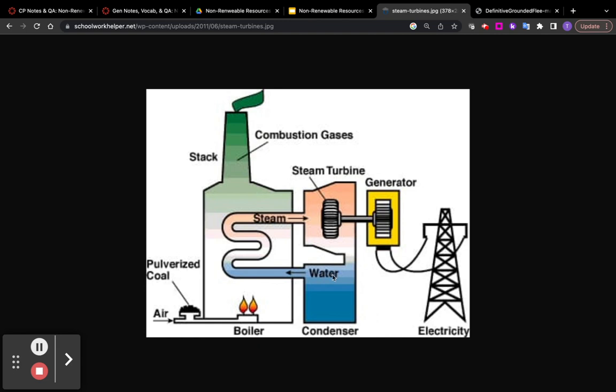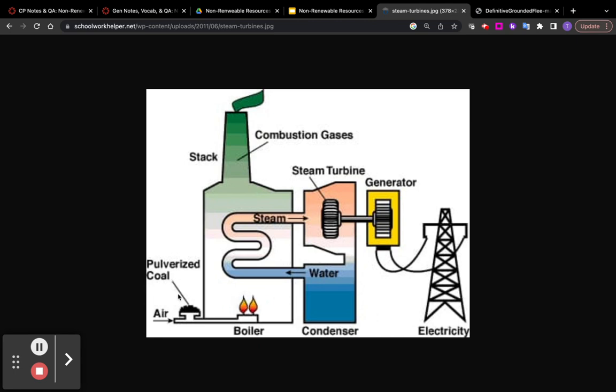So what we usually do is use water. Most civilizations use water. They boil the water, and that steam gets forced onto that turbine, which spins it, which generates electricity.